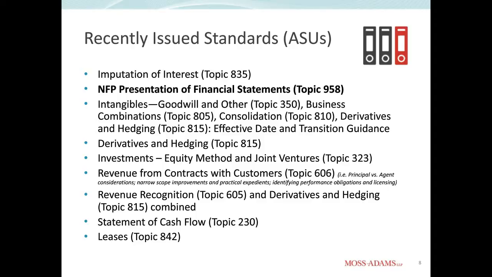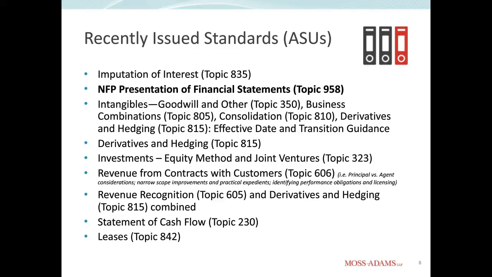So if you have any cloud computing arrangements, that would likely impact you, something to look at there. There's also been some statements here related to derivatives and hedging, investments with equity method joint ventures, revenue from contracts with customers.